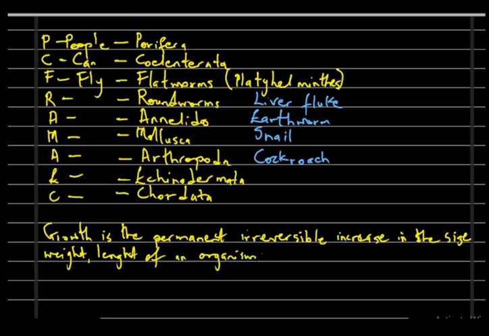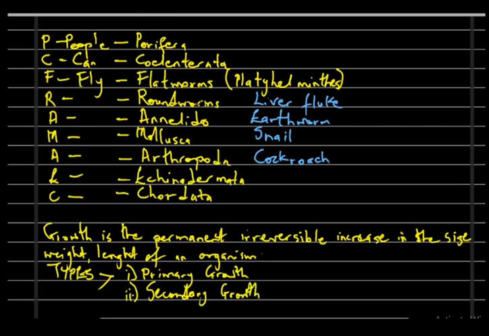So when we're looking at growth in plants, we said there are 2 types. Number one, we have the primary growth, and then number two, we have the secondary growth.